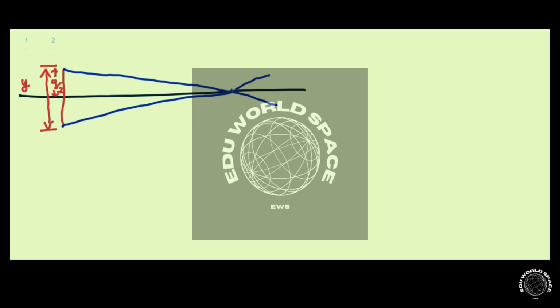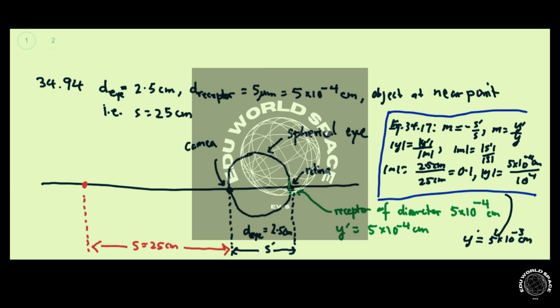and so they intersect at this point, which will be the cornea, right? I didn't draw my diagram so well, but this is the cornea, and this is supposed to be the y prime. I drew it obviously not to scale, but imagine that this was what we had before, this little green line here.